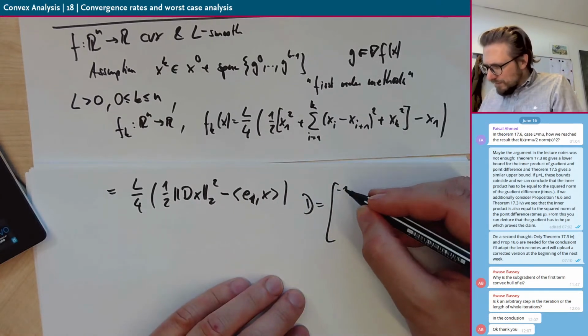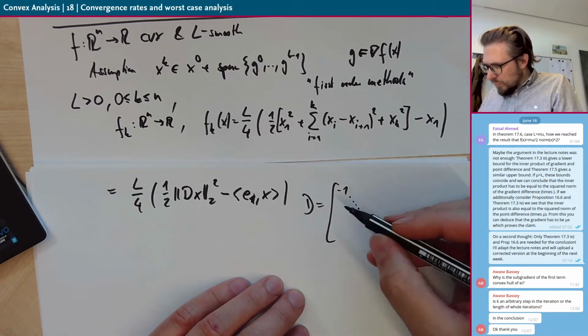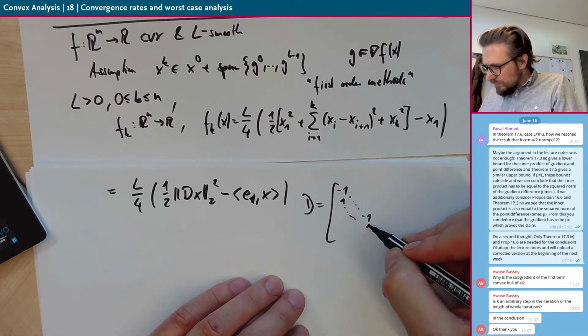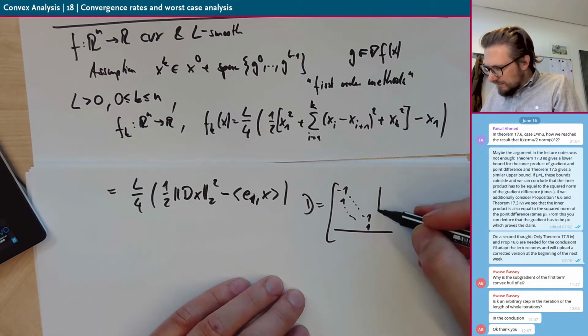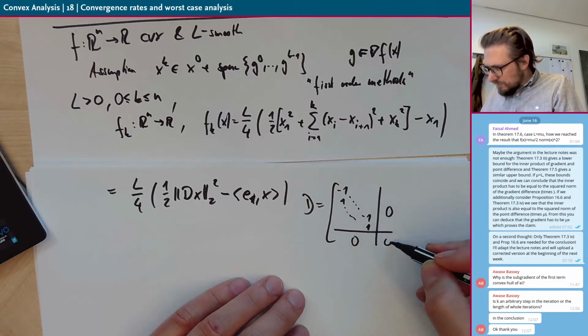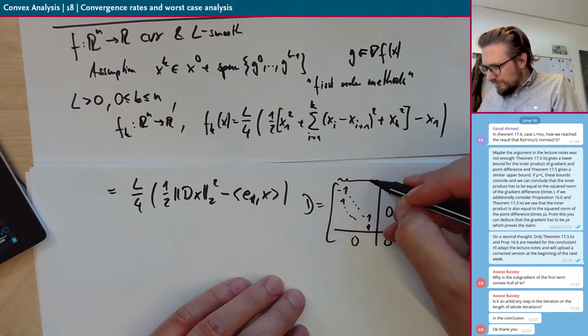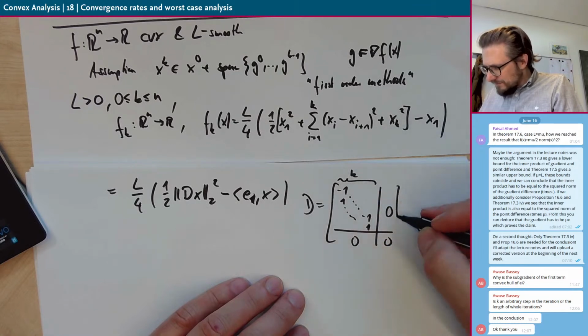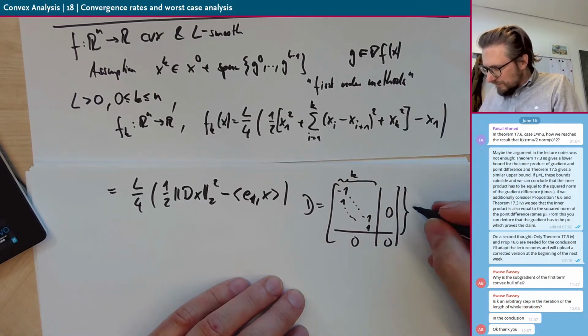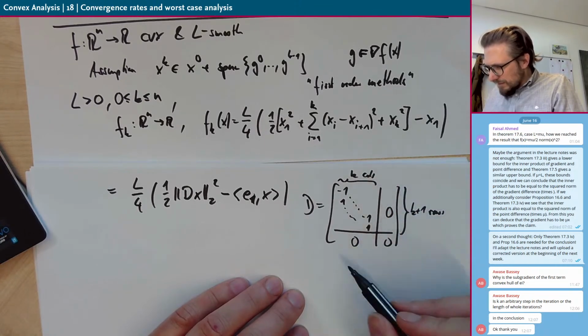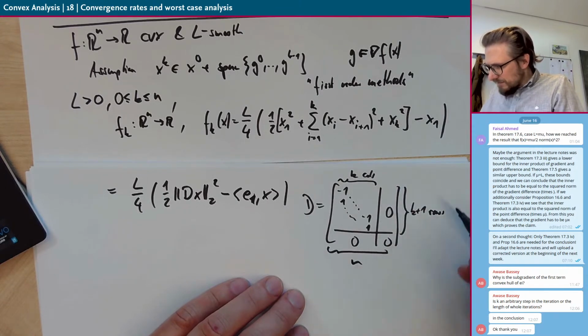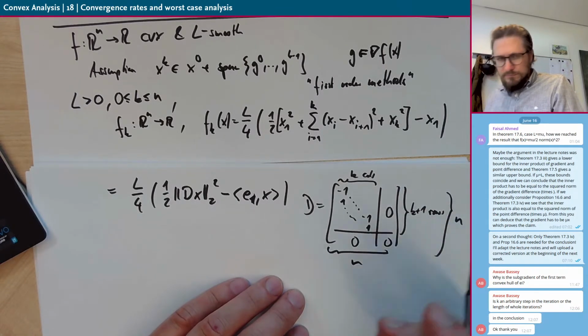It has minus 1s on the diagonal, 1s below, and everything else is 0. These here are the first k columns, and these here are the first k plus 1 rows. And overall the matrix is n by n.